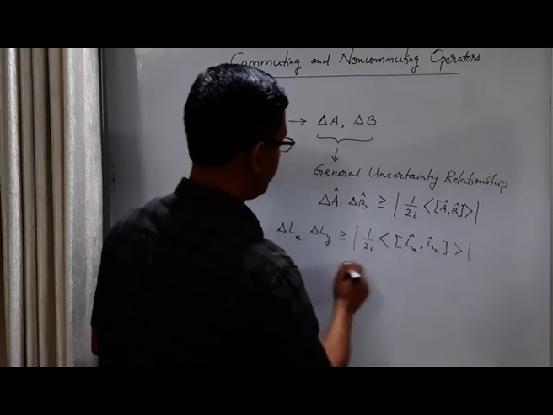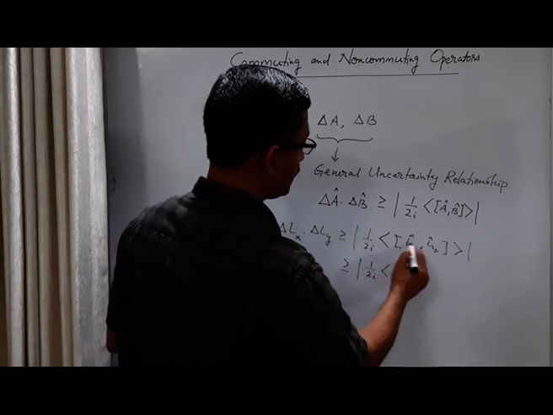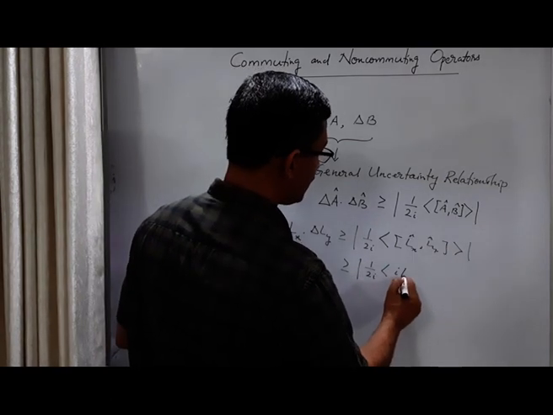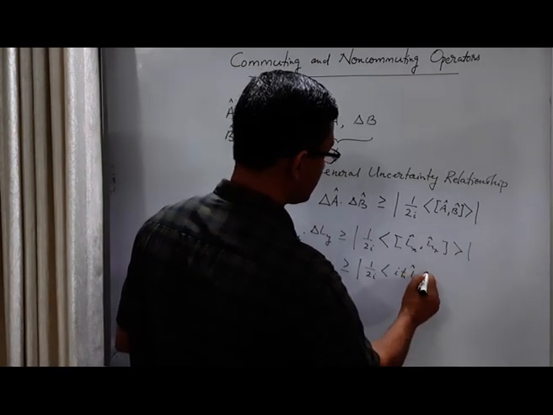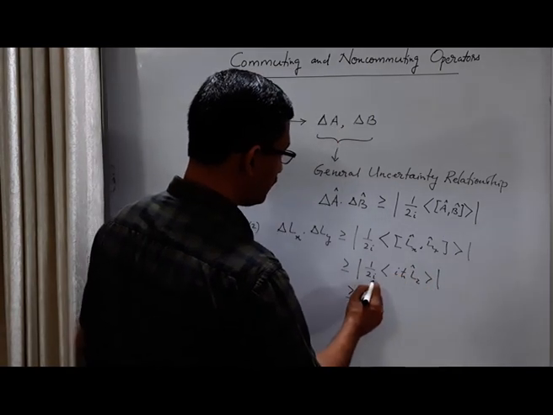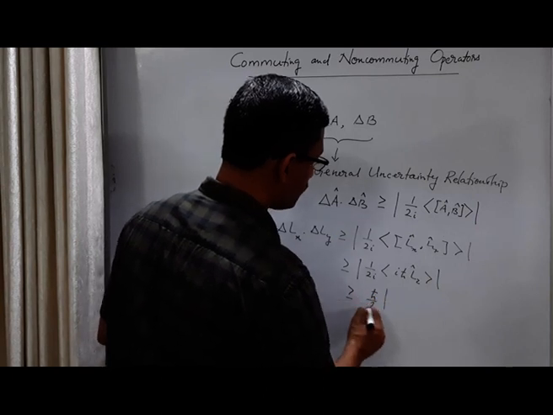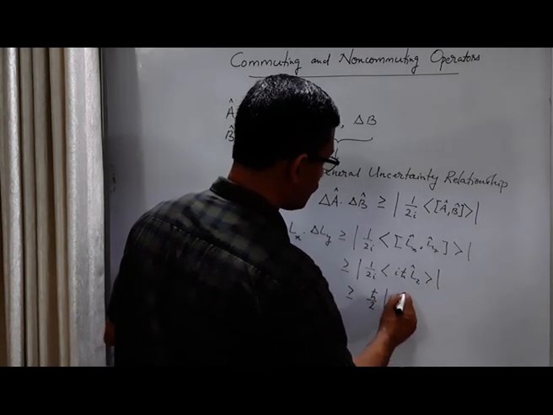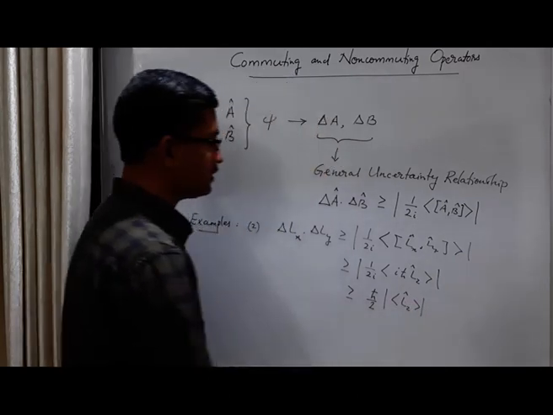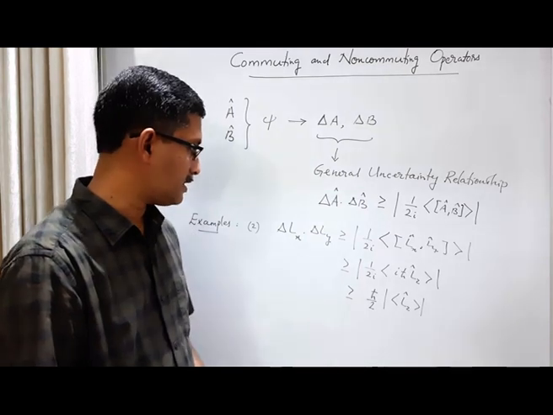Now this we have written down earlier. The commutator Lx Ly is simply i h cross Lz. Okay, i will cancel. h cross by 2 we can take outside. So h cross by 2 modulus expectation value of Lz. This is the result. This is different from Heisenberg's uncertainty relationship.